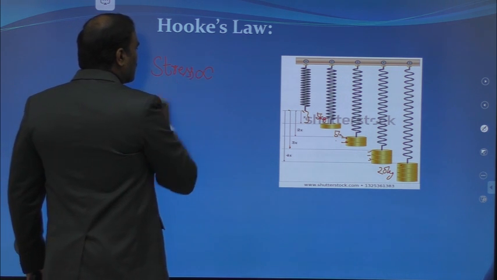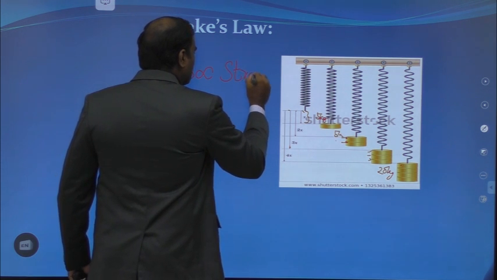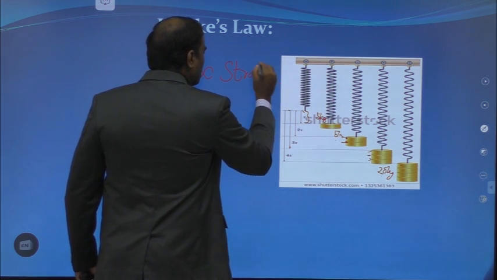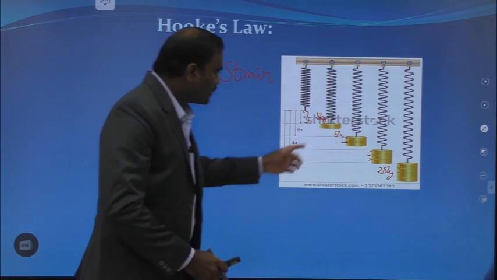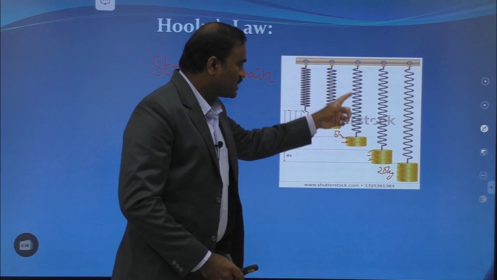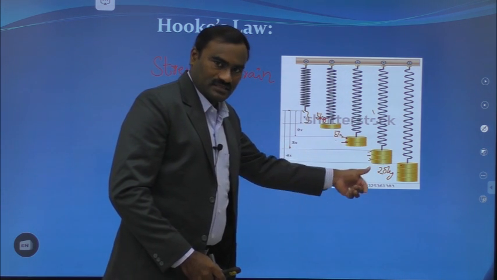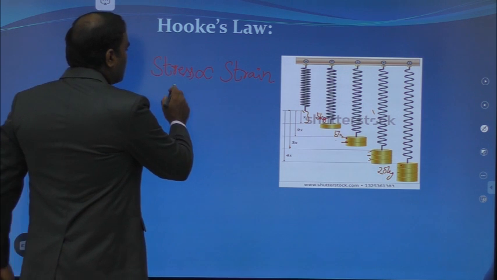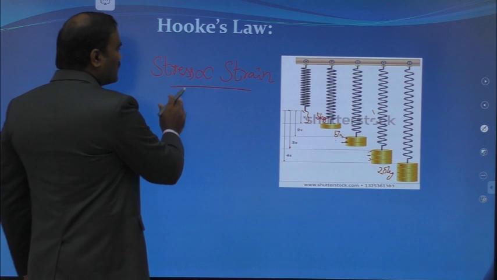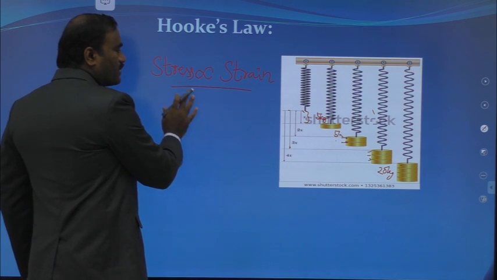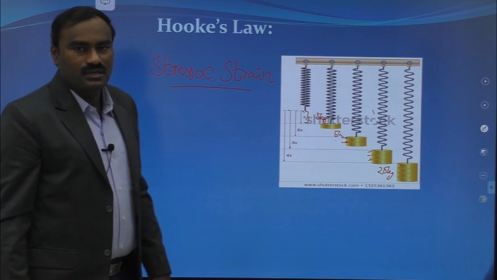Stress is directly proportional to the strain. As the load increases, the change in the length of the spring increases. So this is the relation given by Hooke, and this is called Hooke's law.